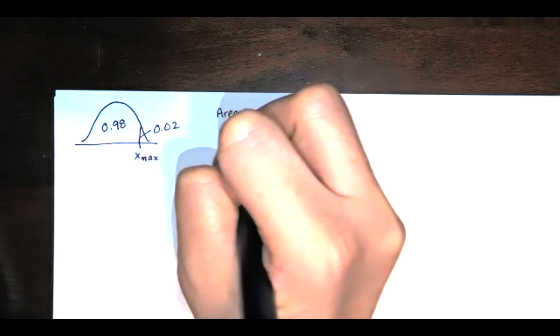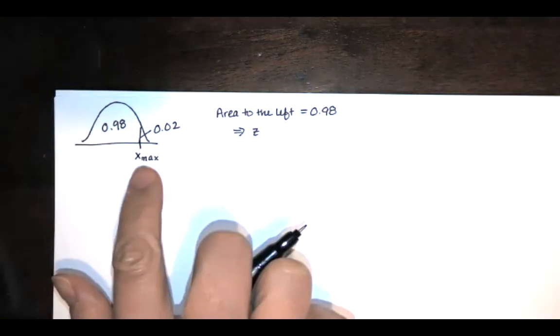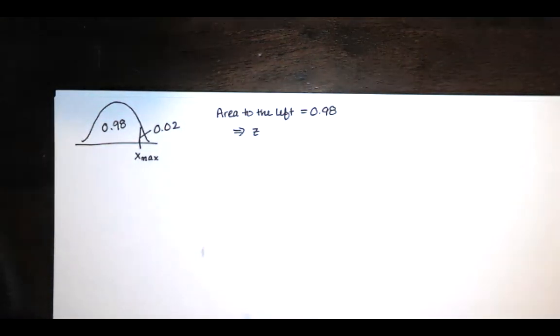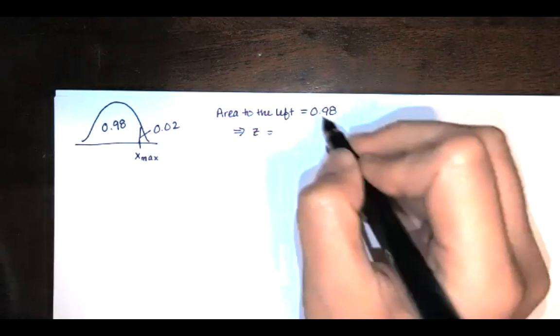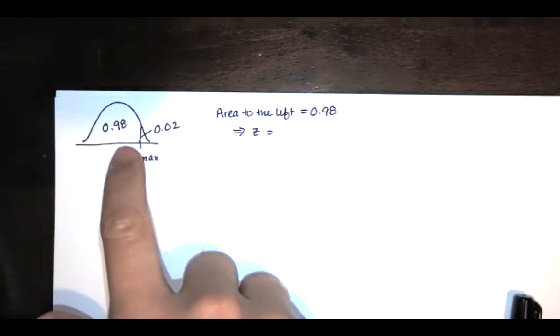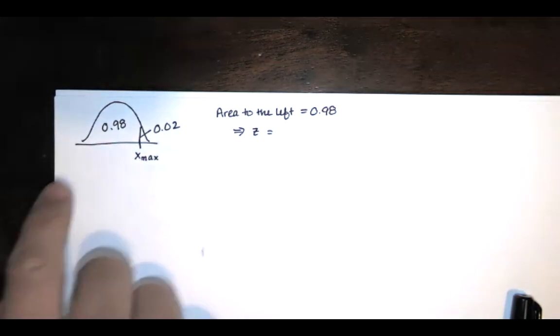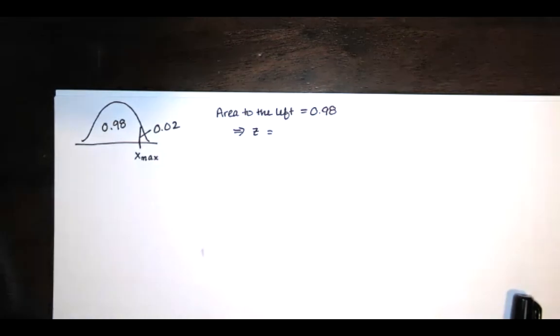We need a z-score that goes with this x value, and then we can find the corresponding x value. We can look for an area of 0.98 in our table. Since 98% of the area is to the left, and that's more than 50%, we know z is positive.